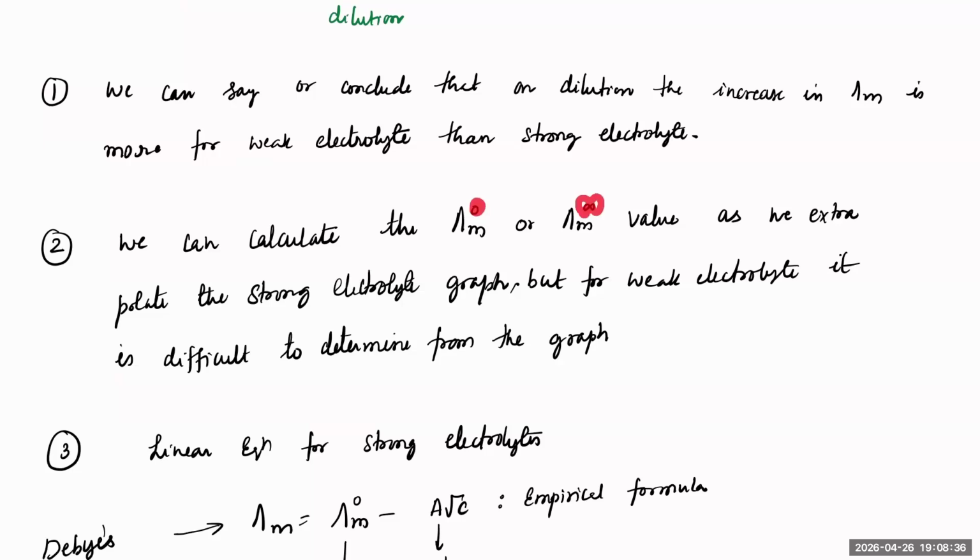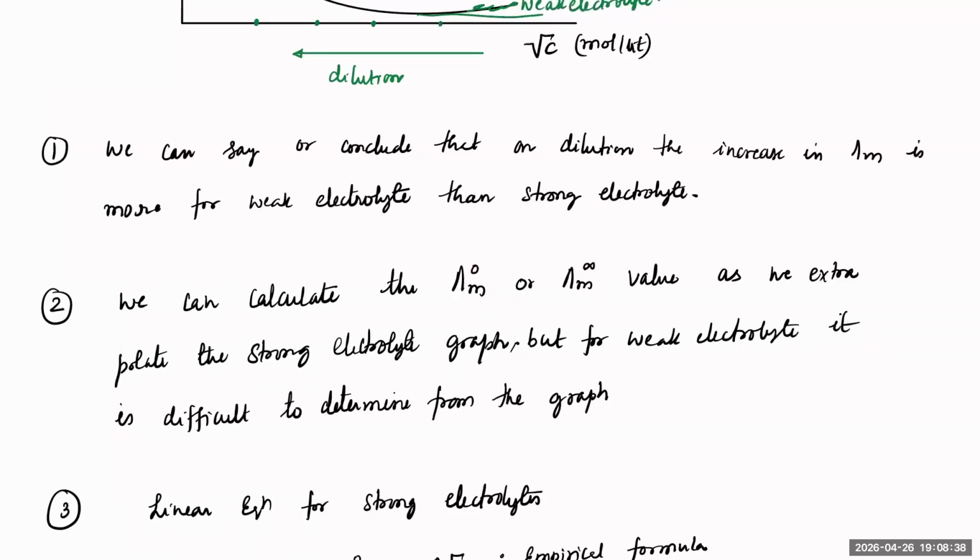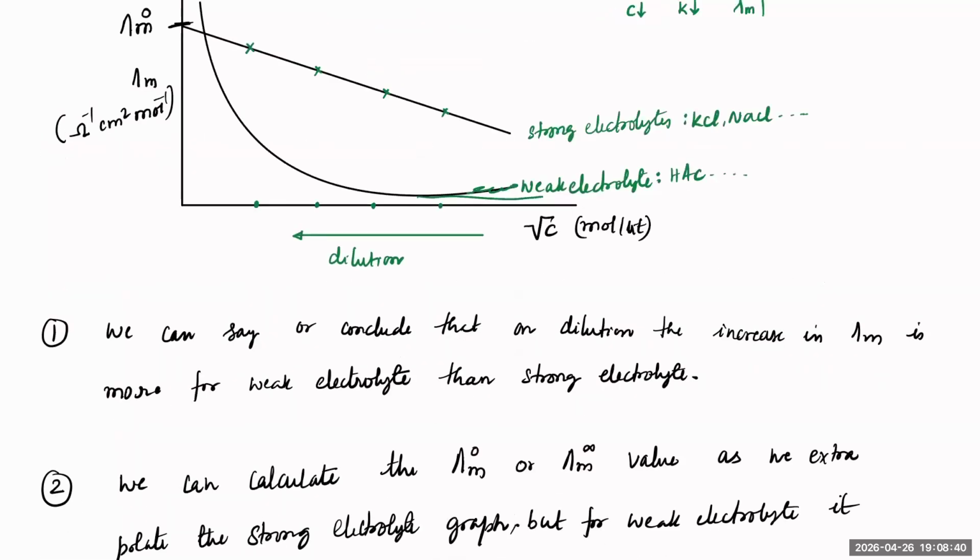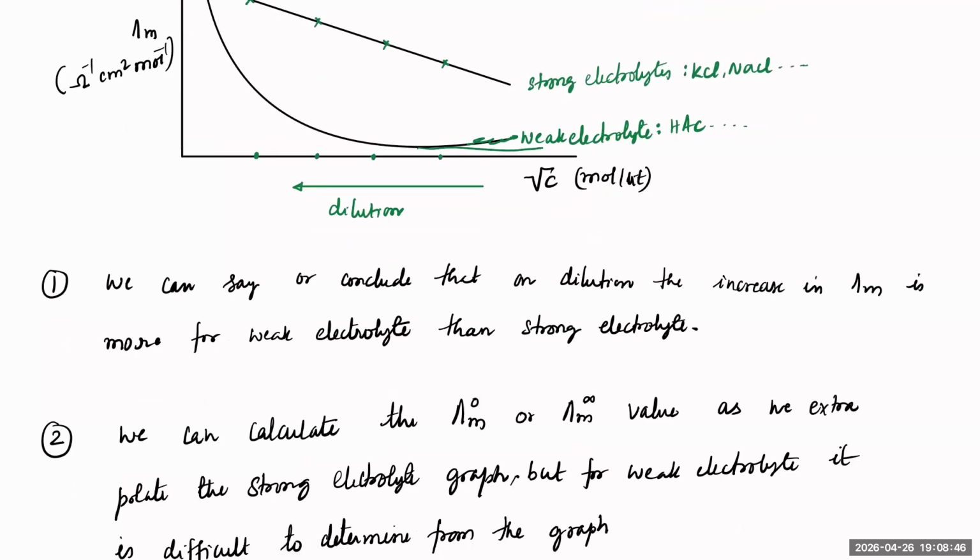Lambda m naught means zero concentration, and lambda m infinity means infinite dilution, the highest value. Both of them mean the same thing, just the reading is different. Zero is with respect to zero concentration, and infinity is with respect to infinite dilution.